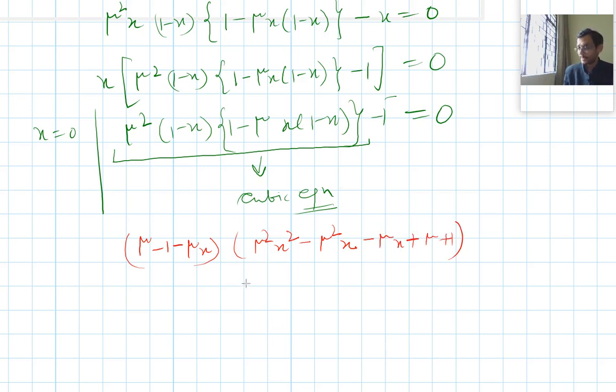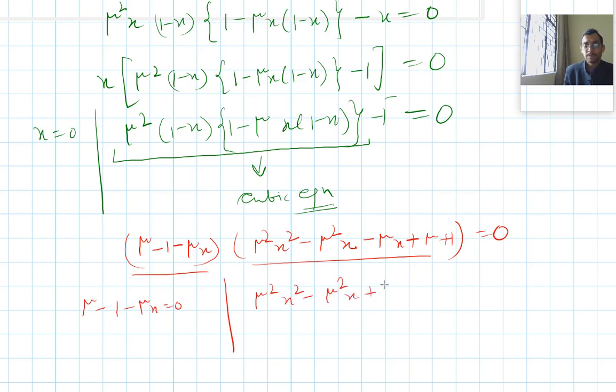That's what we are getting, and this is equal to 0. Now these are the two factors and they are separately equal to 0. So from here I can write that mu minus 1 minus mu x is equal to 0, or mu square x square minus mu x plus mu plus 1 is equal to 0.